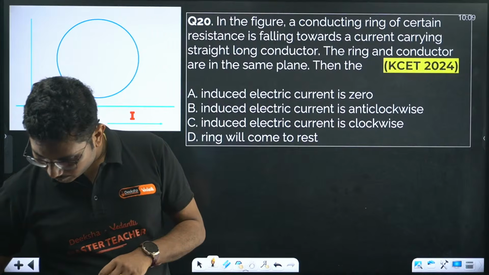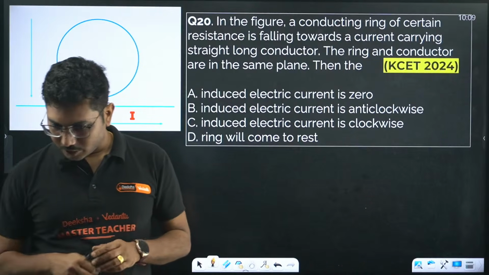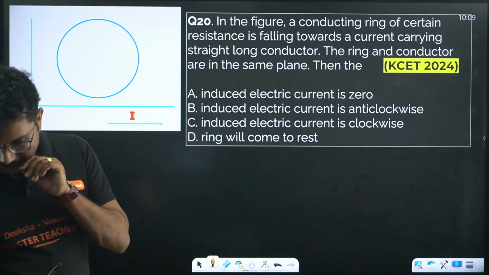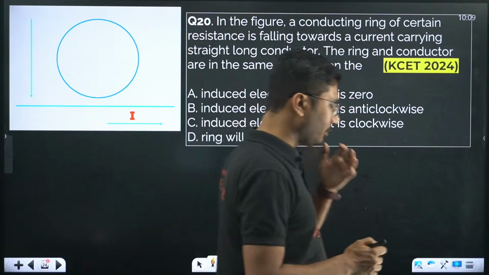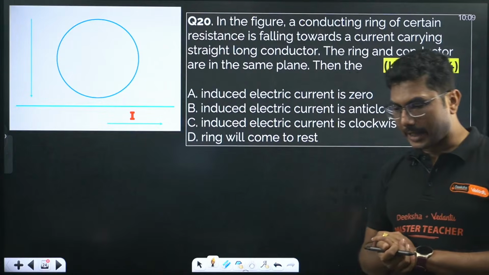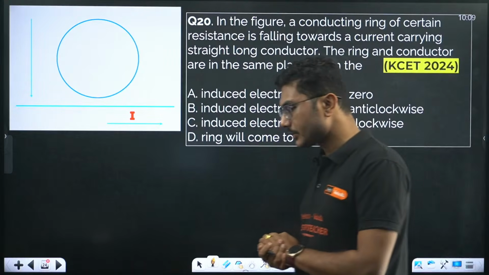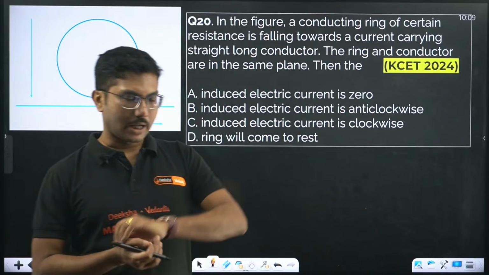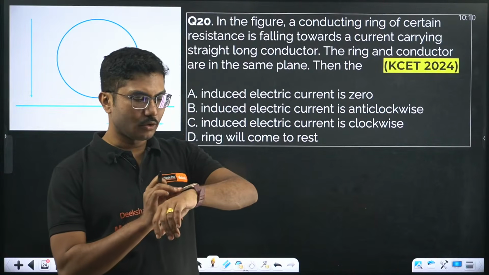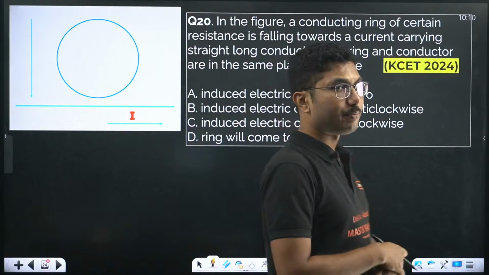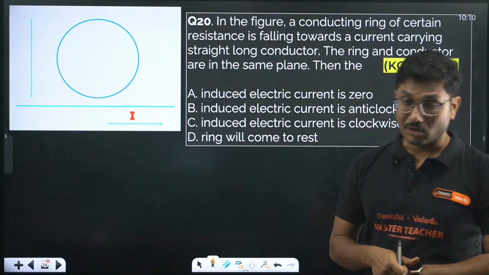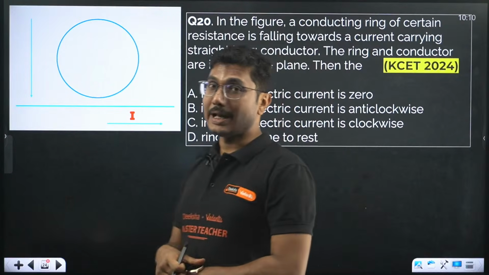Sir, when will the complete physics one shot come? First of all, the PU2 one shot lecture is already available. PU1 one shot lectures are coming very soon. I think the first lecture of PU1 will go today for physics, okay. PU2 one shot lectures are already done. It is available.